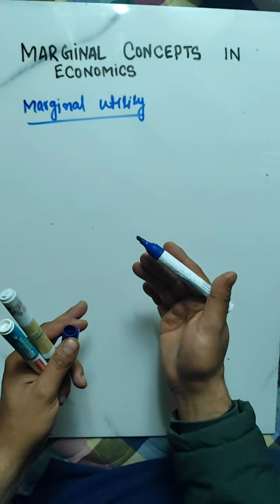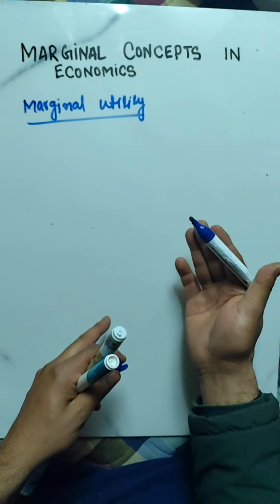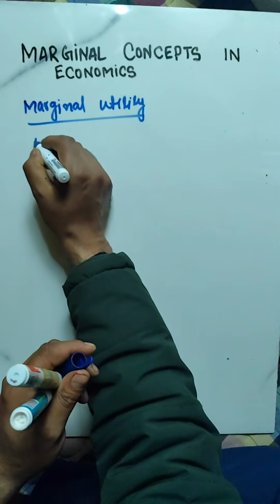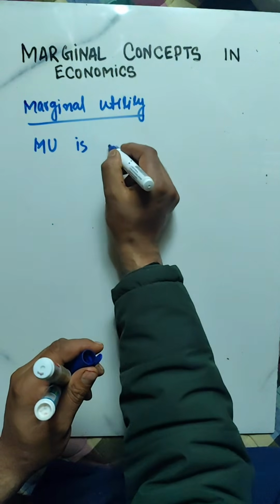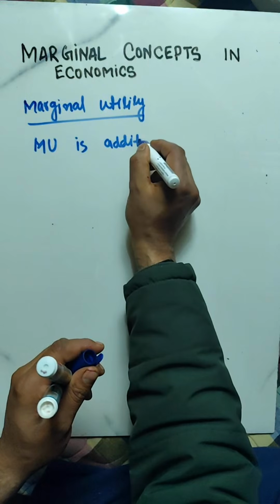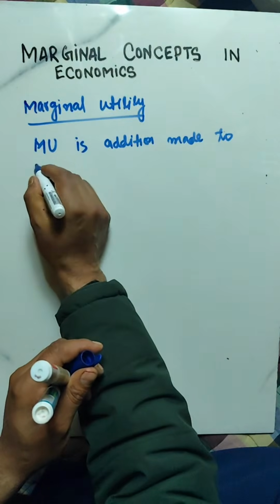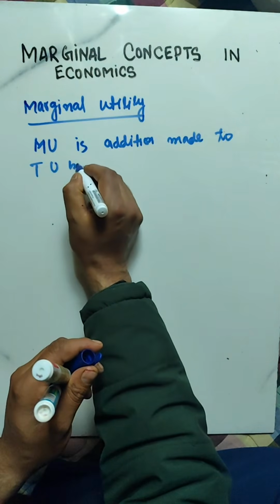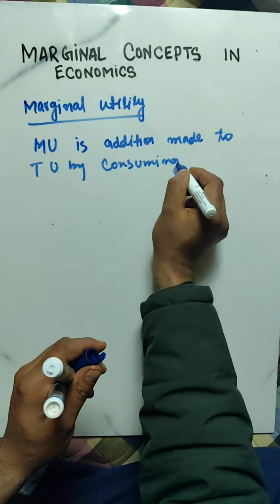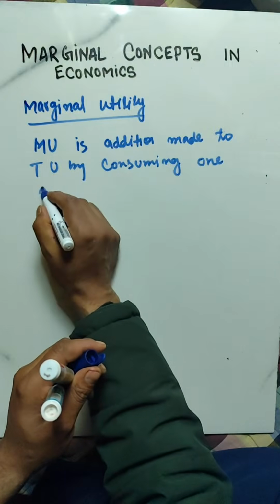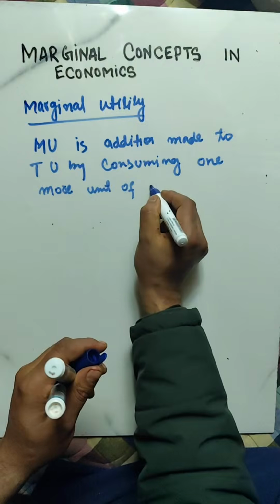Marginal utility is the addition made to the total utility by consuming one more unit of a commodity.